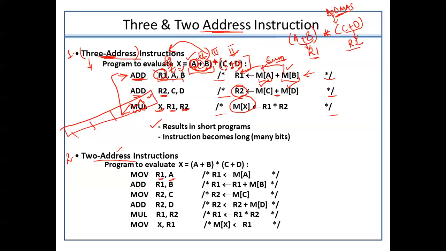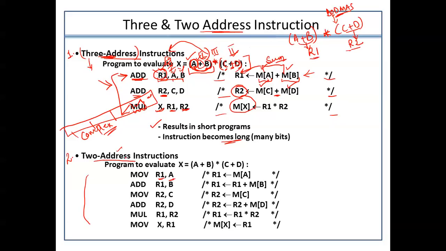Like these two are from the memory and this is from the general purpose register. So definitely the complexity of the instruction will increase. So basically, no doubt the programs become shorter in comparison to the other types of instruction, but they lead to complexity. That is the main point.